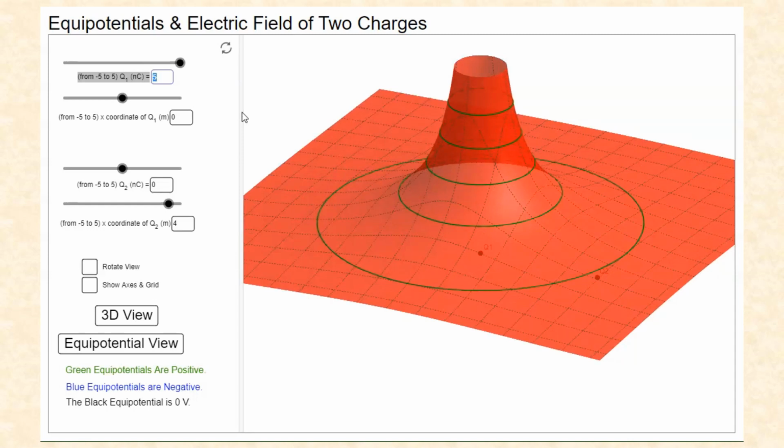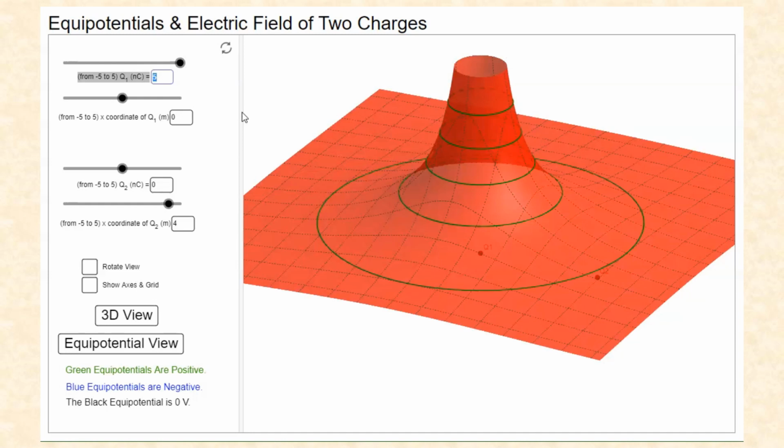Hopefully you can see what effect that has on the electric potential. Remember that electric potential is linearly proportional to the charge. So as Q increases, the electric potential doesn't fall off as quickly with distance. This causes the hill to widen, meaning that the slope of the hill actually decreases.